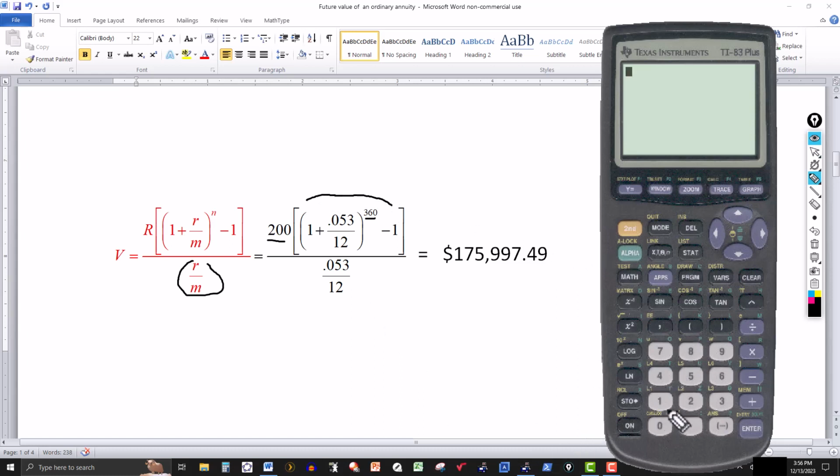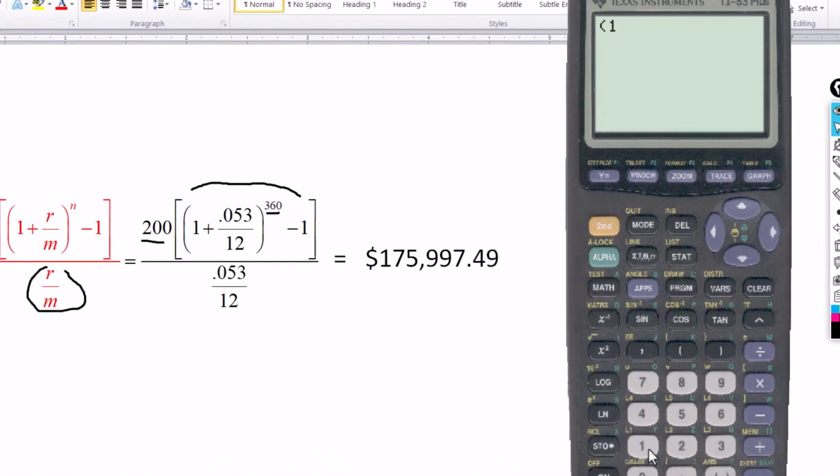So this would be parentheses, and then I'd have 1 plus 0.053 divided by 12. And then this is taken to the 360 power. Hit enter.